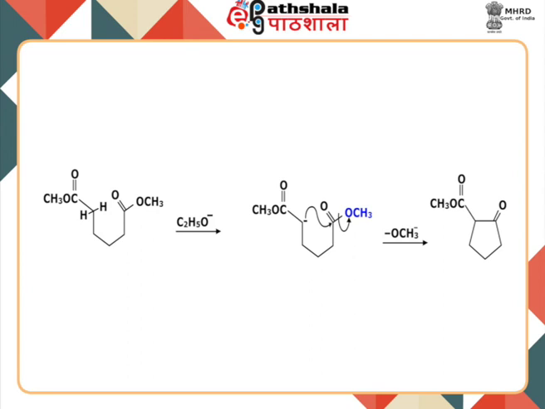The carbanion then undergoes nucleophilic attack at the carbonyl carbon of the other ester group present within the same molecule. The product obtained is a cyclic ketone, which is also a beta ketoester. Thus, all these condensation reactions, aldol, Claisen and Dieckmann, involve carbanion formation.